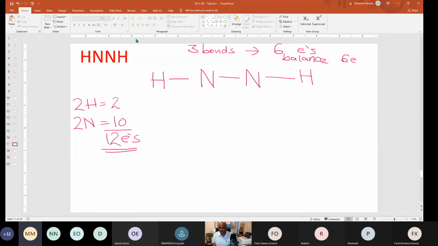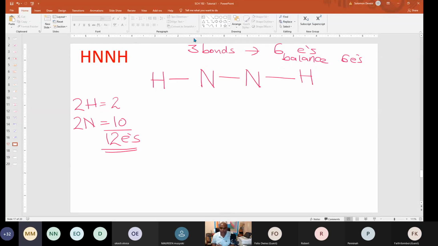6 electrons, okay? Now, this balance of 6 electrons, we are going to give to the nitrogens. The hydrogens are satisfied, isn't it? Even though the hydrogens are on the outside, do they need additional electrons? No. So now we give these 6 electrons to the 2 nitrogens, as pairs.